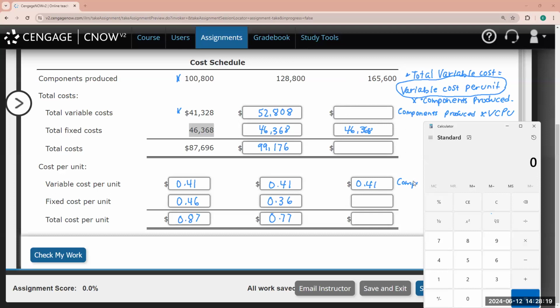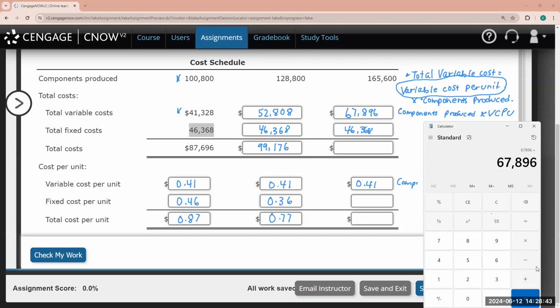And in this example, we are producing 165,600 units. We know that for each unit, it costs us 41 cents. So therefore, our total variable cost in this example is $67,896.